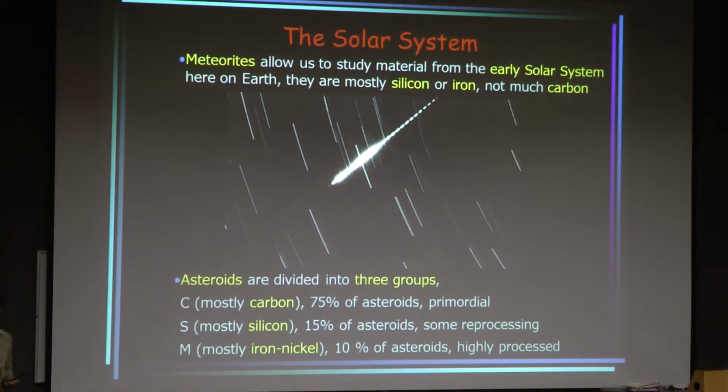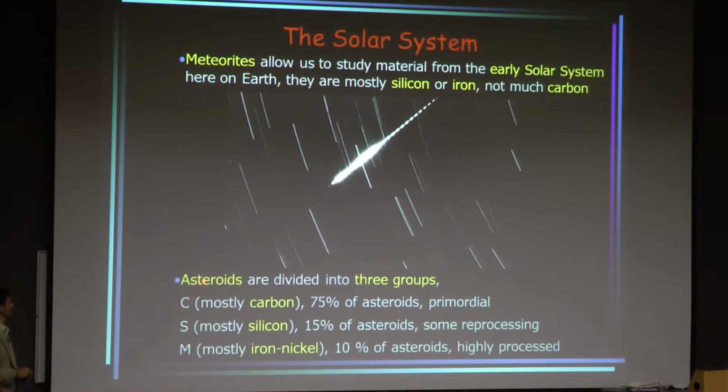They're stony composition, the silicon ones. They're stony looking objects. Or they have some iron in them. Very few have carbon. Now, it's interesting to contrast what we see in meteorites on the surface of the Earth with the distribution of compositions of asteroids.